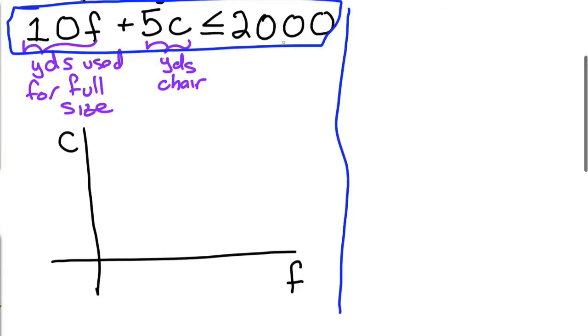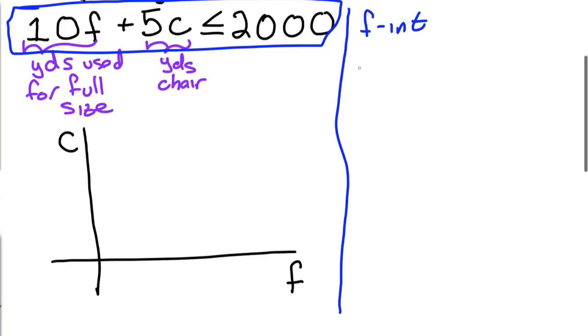Okay, so you find the intercepts by plugging in 0 for the other variable. So for example, to find the F-intercept, the point where my graph crosses the F-axis right here, we'll notice that C is equal to 0 along this whole axis.